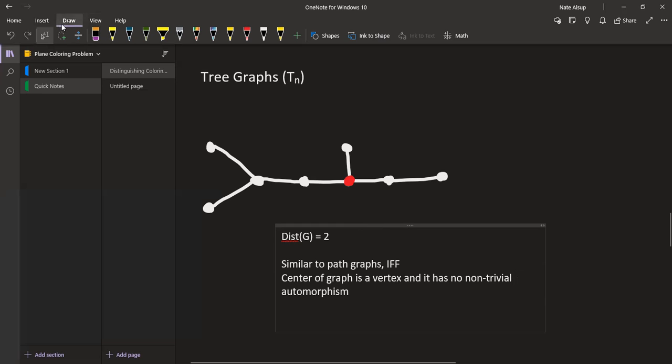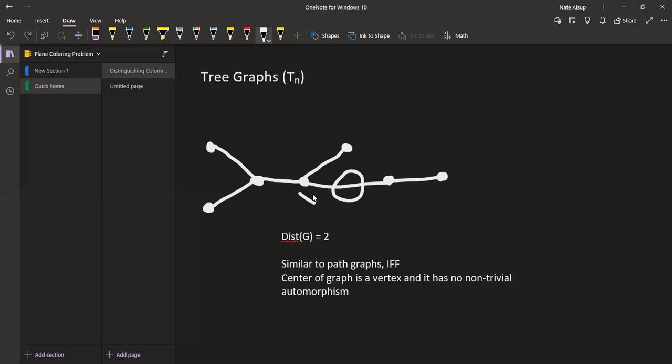So let me just erase something. Let's erase that, and let's just make this like that. Maybe that can go like that. So now the center of the graph is just an edge, x, y.